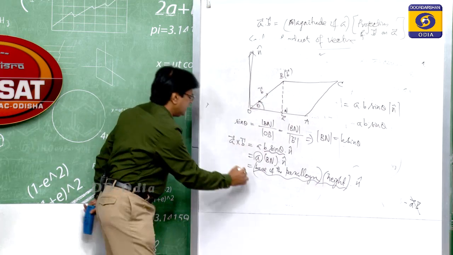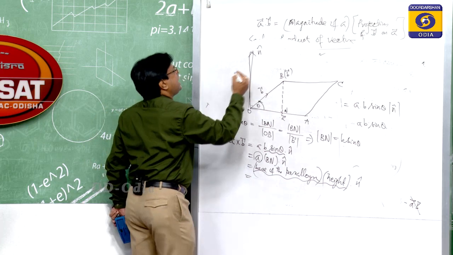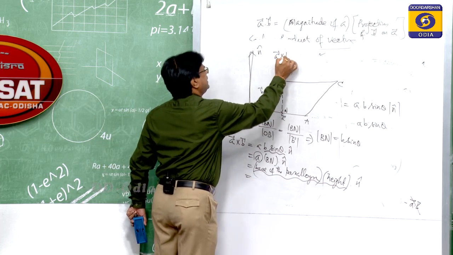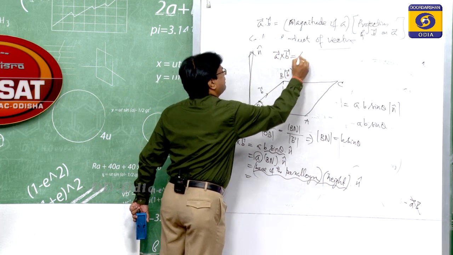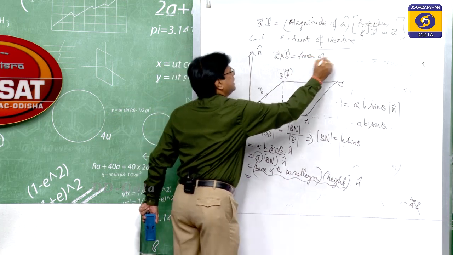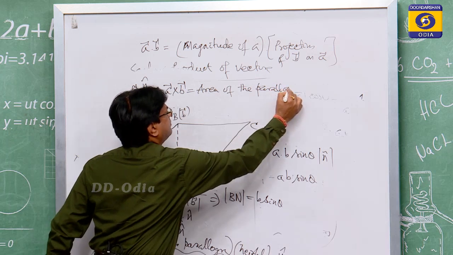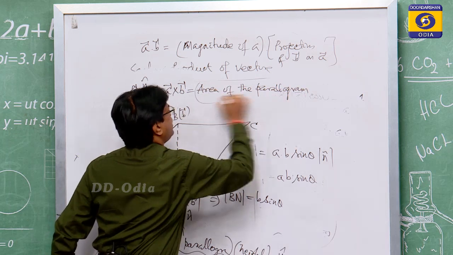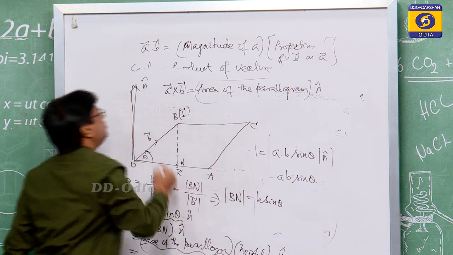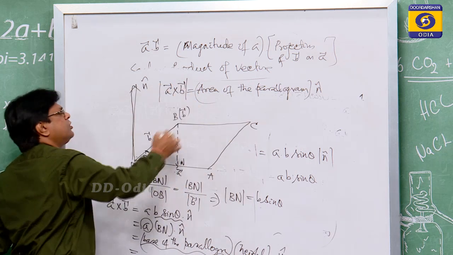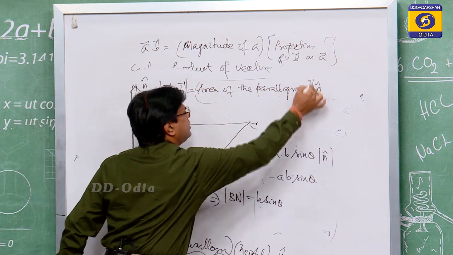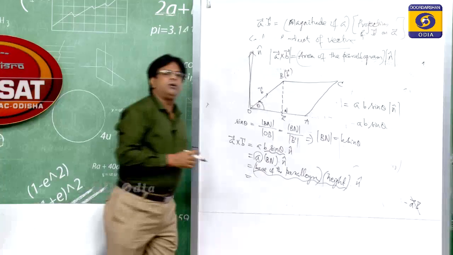We have already known that this is the area of the parallelogram. A cross B is nothing but the area of the parallelogram into n cap. When we take the magnitude, the area of the parallelogram into magnitude of n becomes 1.